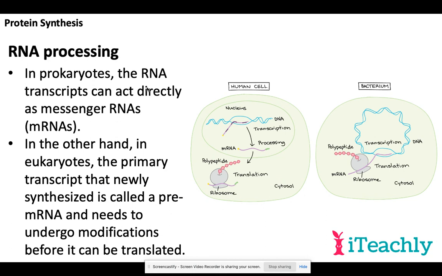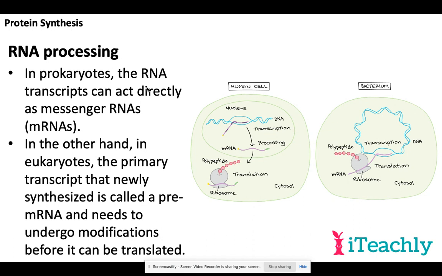And so what happens in the RNA process, the RNA that is transcribed is called an mRNA strand, and we call it a pre-mRNA strand because it has to be processed. The primary transcript, the newly synthesized strand that's not quite finished, is called the pre-mRNA strand.